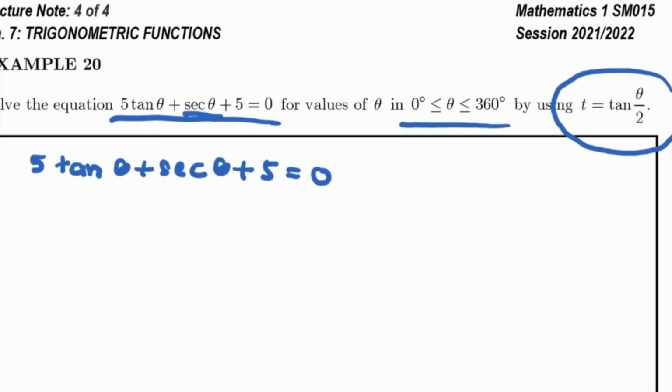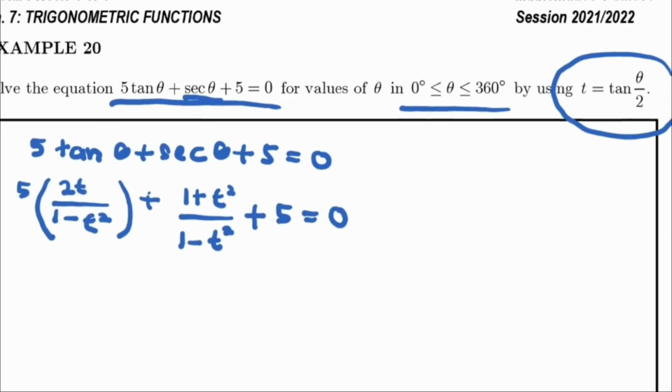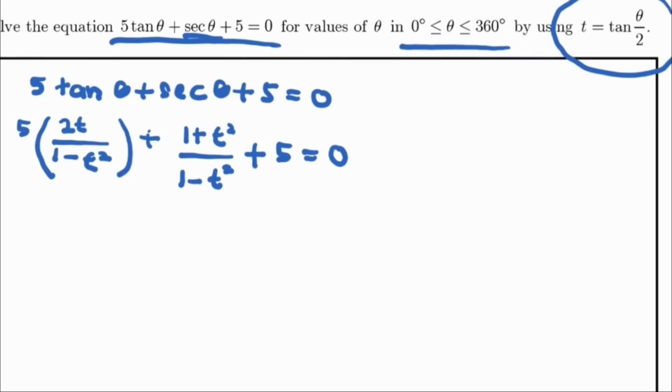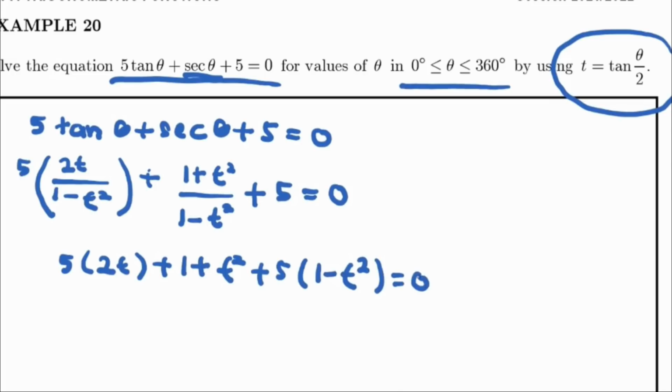So you change tangent theta to 2t over 1 minus t square, and secant theta to 1 plus t square over 1 minus t square, and then plus 5 equal to 0. To simplify this equation, we multiply all terms by 1 minus t square. So you will get 5 times 2t plus 1 plus t square plus 5 times 1 minus t square equal to 0.